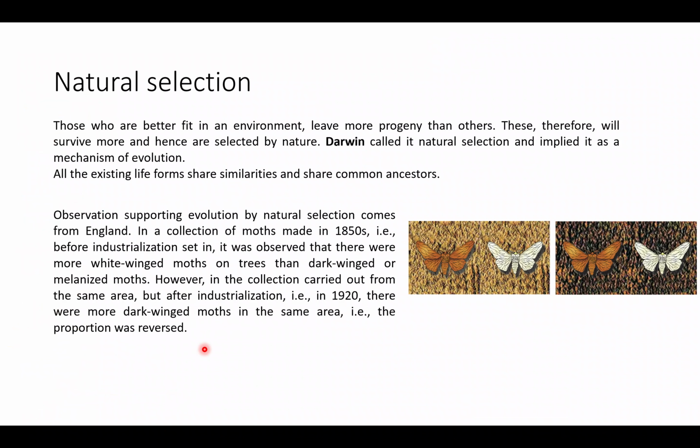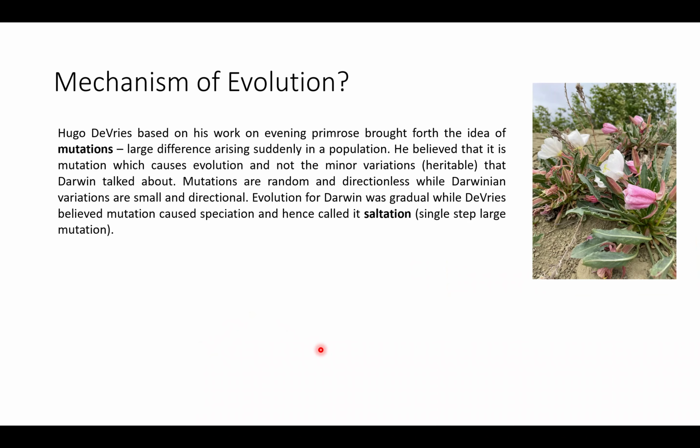So that is natural selection, a concept proposed by Darwin. The other concept is called mutation. What brings mutation into the picture is Hugo de Vries. Hugo de Vries was working on the evening primrose and brought forth the idea of mutation.